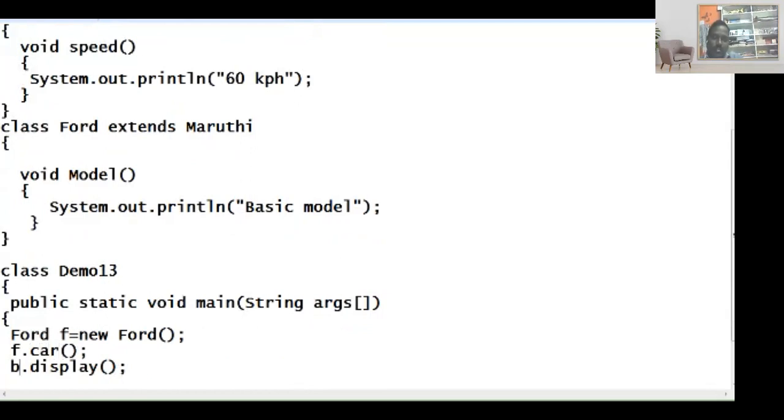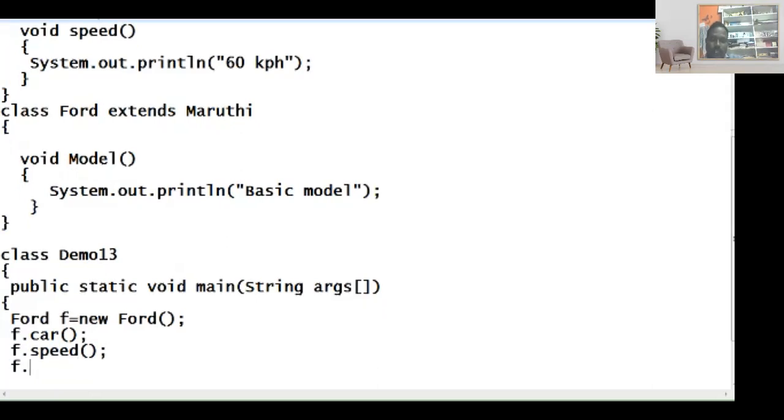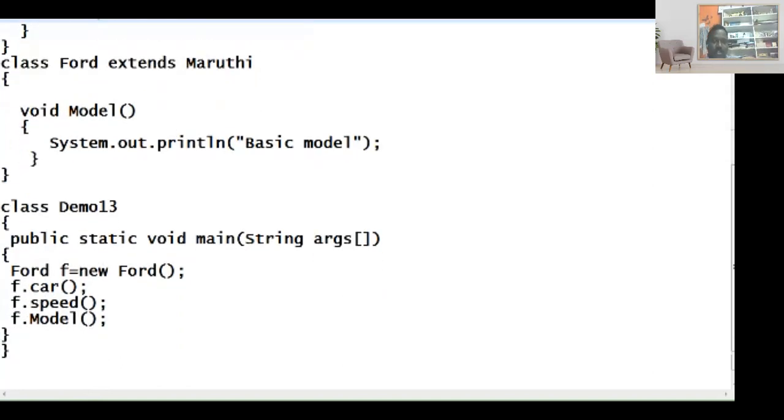Then f dot speed. Then f dot model. So I can invoke all these three methods with the help of which class? Subclass Ford. Okay?